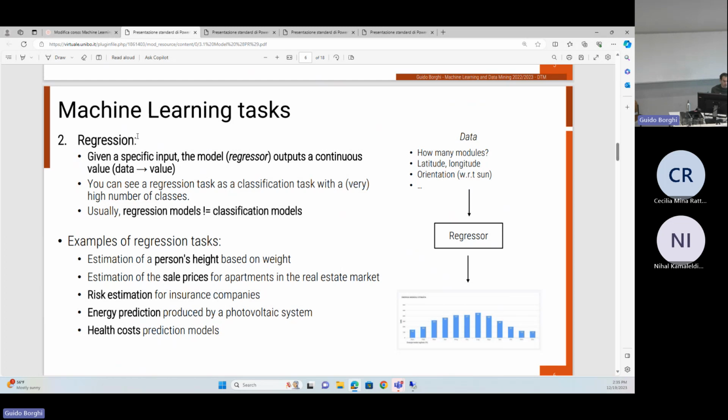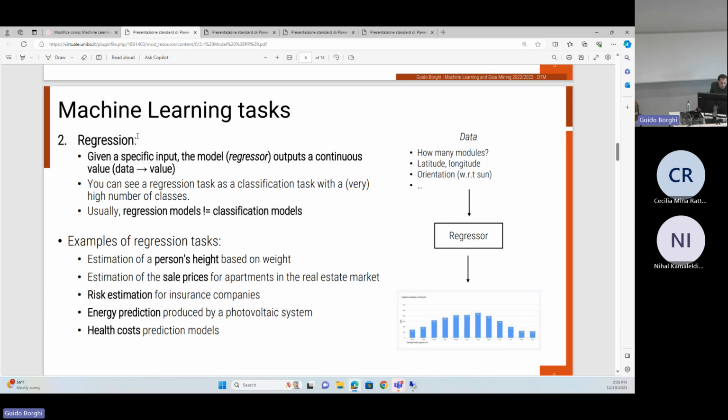This is different from the classification task, in which in output we have a class, okay? Just to better highlight the nature of the regression task, we can see it as a classification task with a very high number of classes, where each continuous value corresponds to a different class.